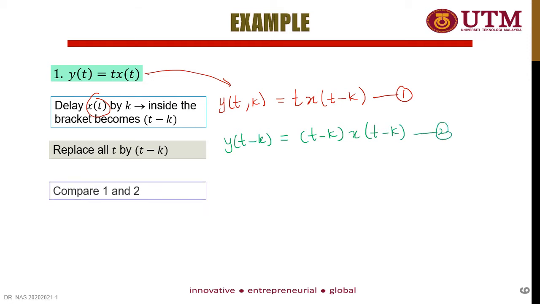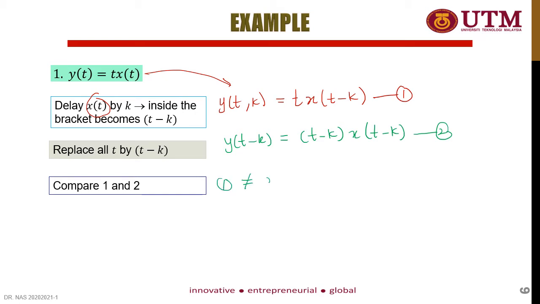The third step, you need to compare 1 and 2. If it is equal, then the system is time invariant. If it is not equivalent, the system is time variant. In this case, we can see that 1 is not equal to 2, so the system is time variant.